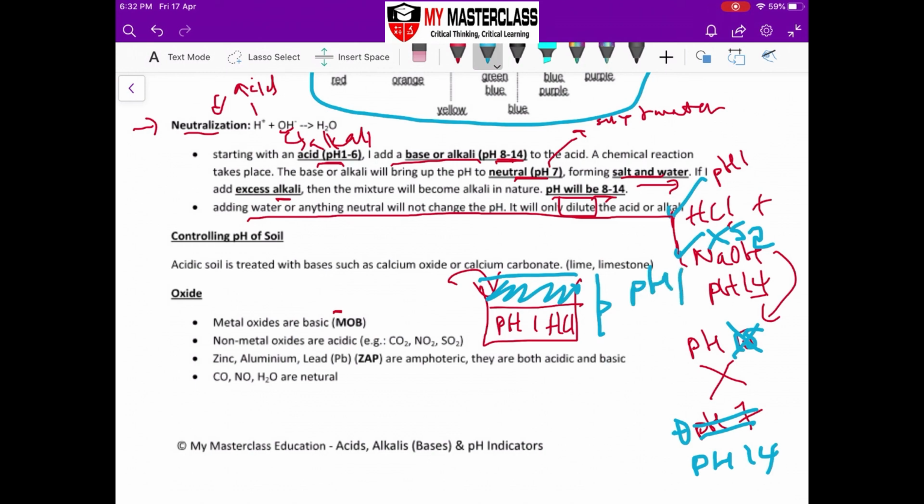Because the water, which is pH 7, is not 7 plus 1 becoming 8. Water, which is pH 7, is a neutral liquid. It doesn't react with the HCl. It will only dilute the acid, meaning making it less sour or less corrosive. But the whole beaker will still be HCl.